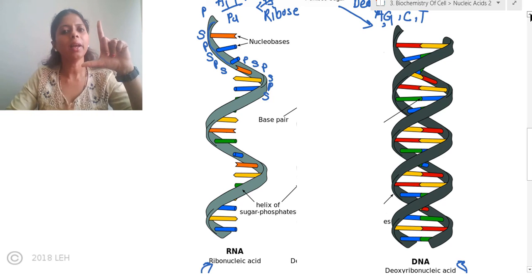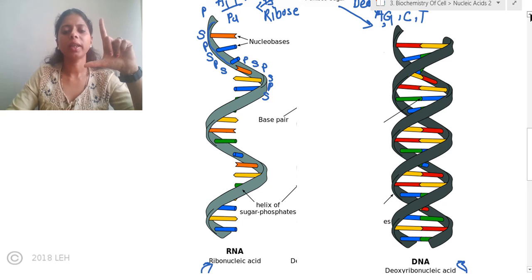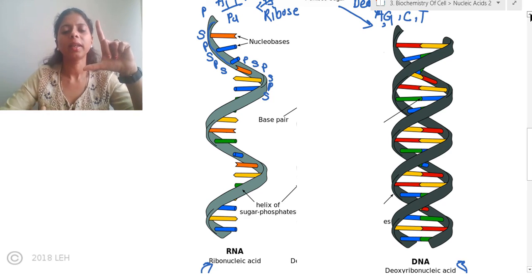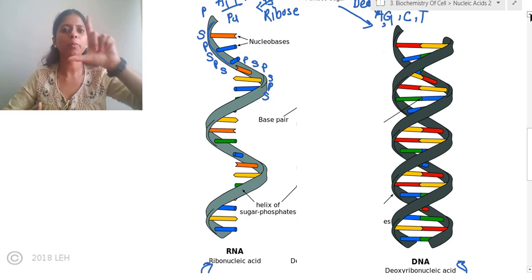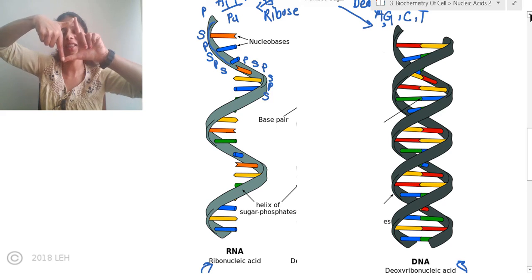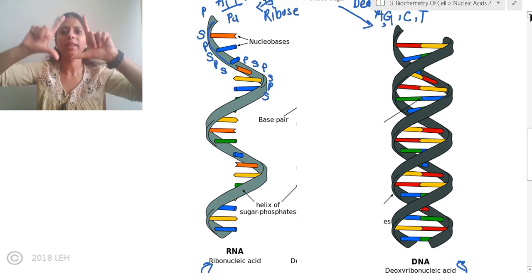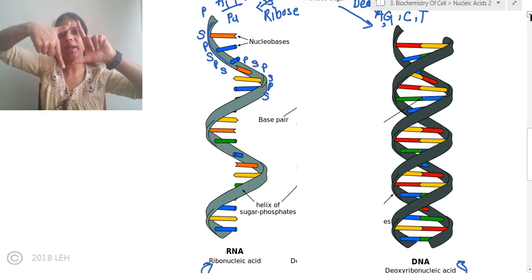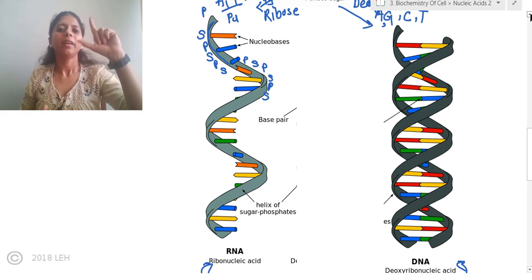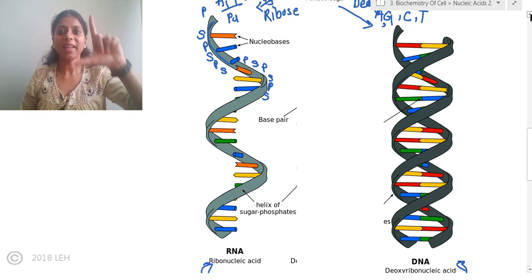Got it? Now I want to join another strand of nucleotides in the opposite manner. Suppose one nucleotide is like this, I want to join another nucleotide like this, inverted. I need to rotate it, invert it, and join it to the first nucleotide. In one strand the nucleotide is straight like this.